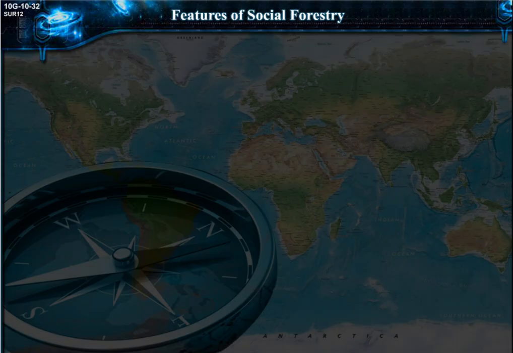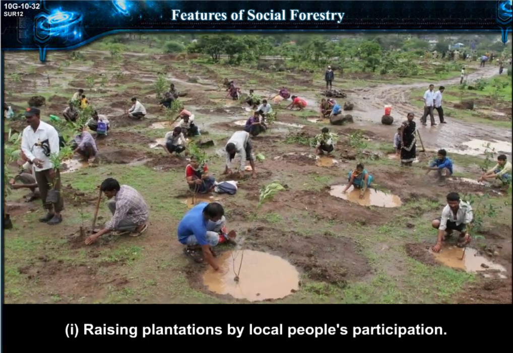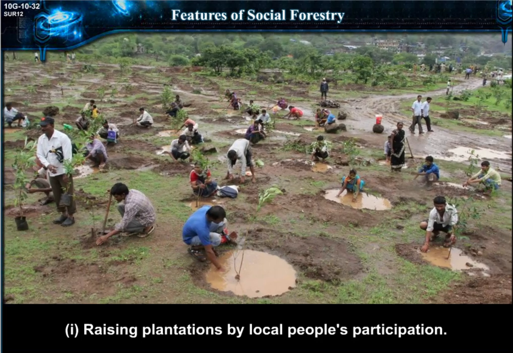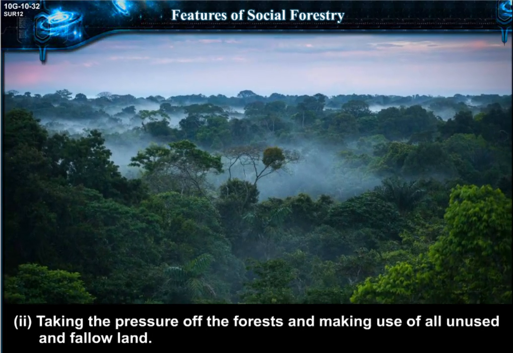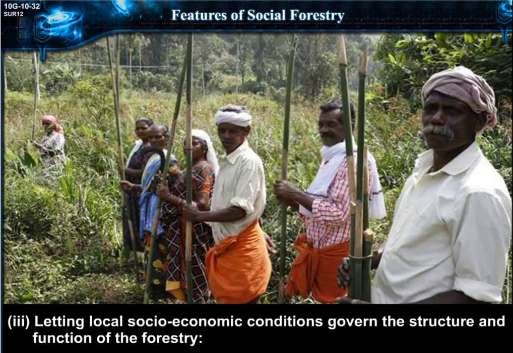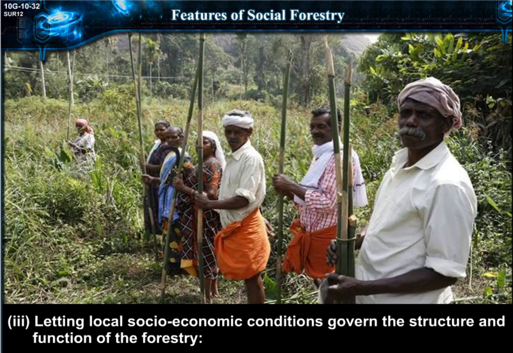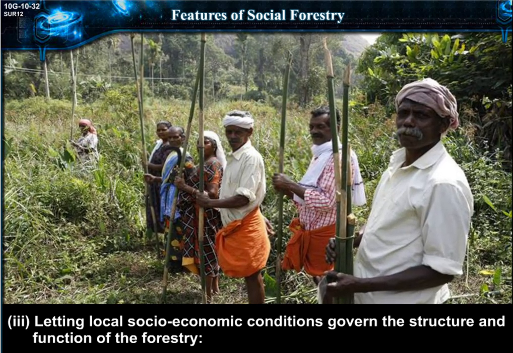Features of social forestry. First, raising plantations by local people's participation. Second, taking the pressure off the forests and making use of all unused and fallow land. Third, letting local socio-economic conditions govern the structure and function of the forestry.